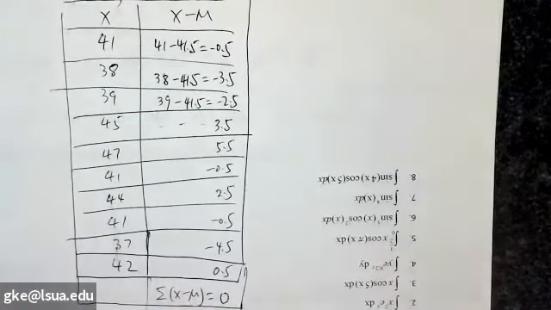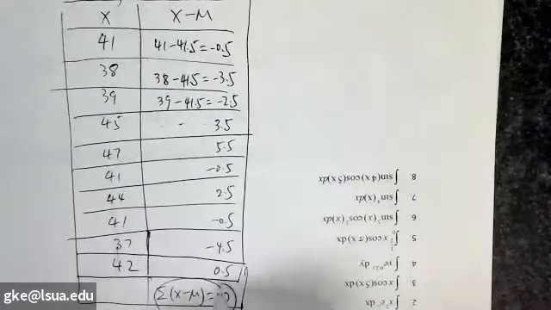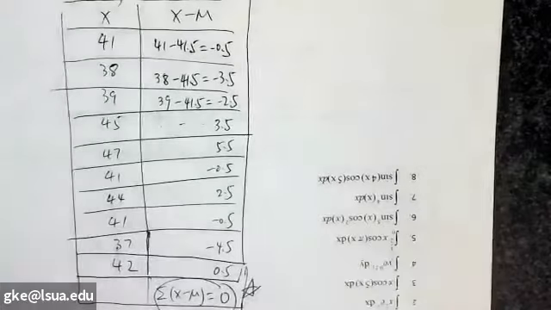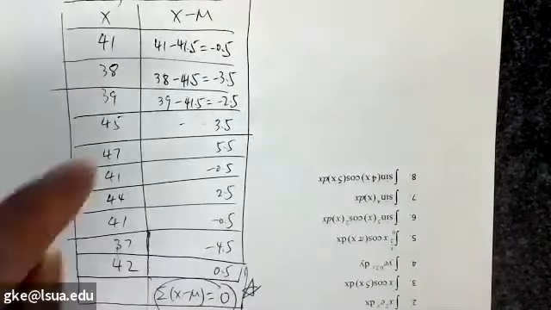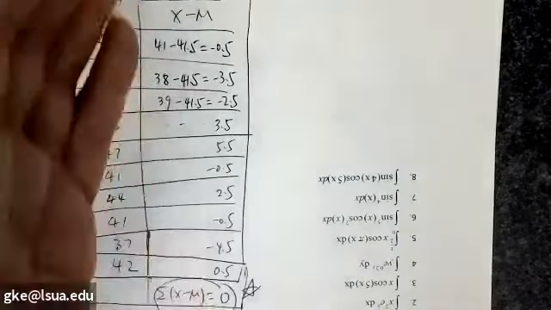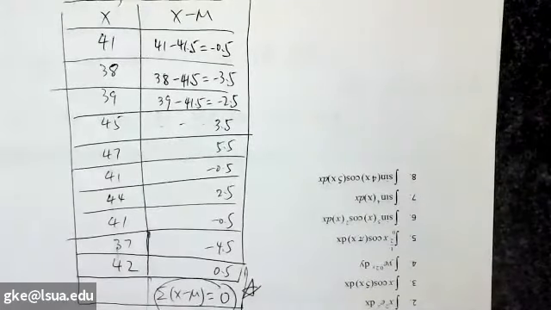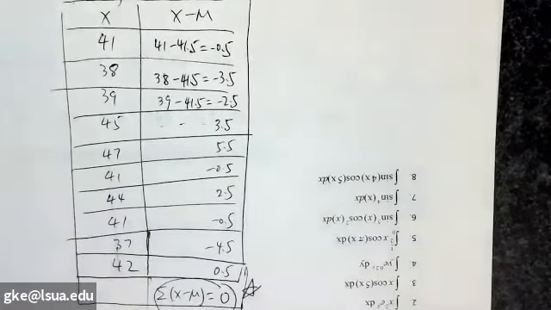Okay, that's one of the important properties. The summation of all these deviations equals 0. So next time if you do the summation from the deviation and you find it's non-zero, that means you make a mistake.